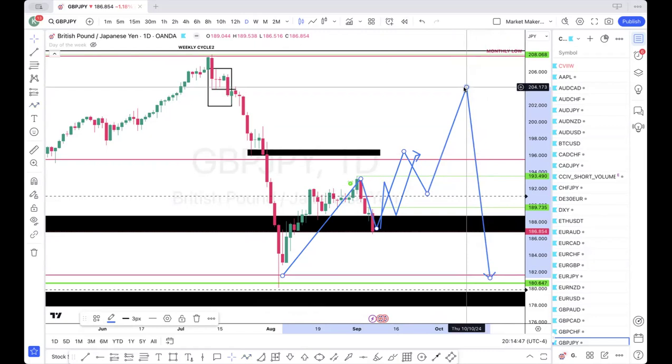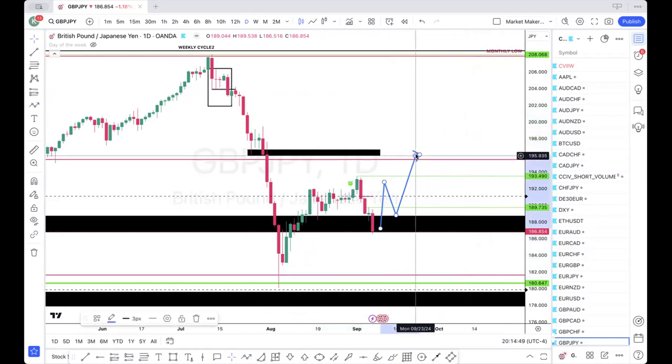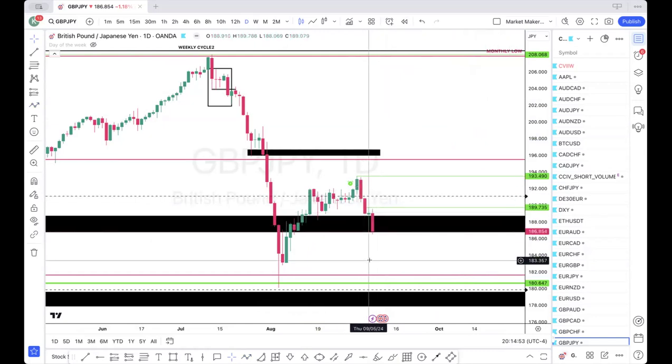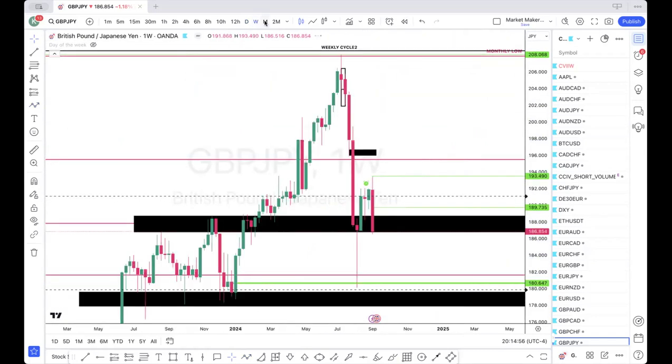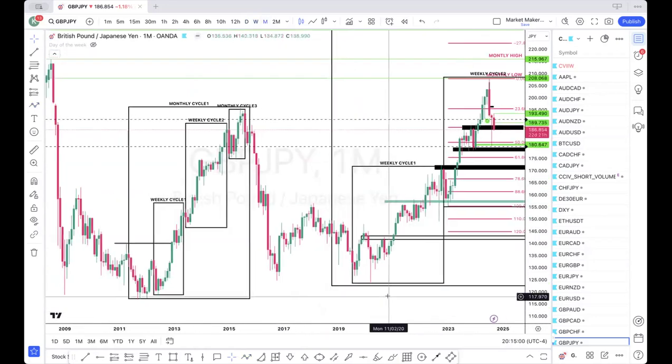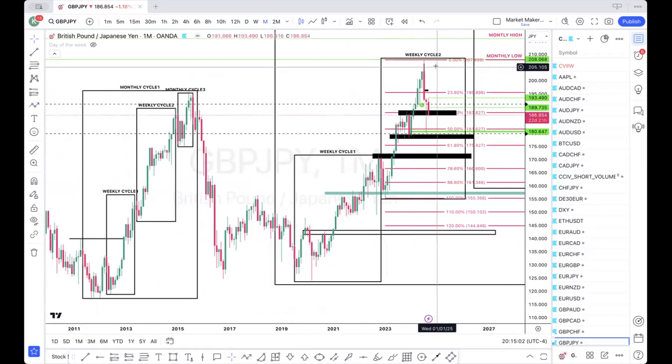Now, with that being said, let me just go back. If we look at the cycles, we are in the second weekly cycle. So you got one push, you got two push, and we may get a third push.